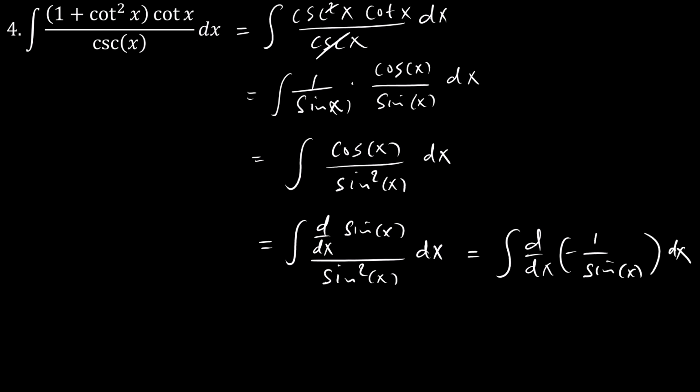And therefore, if we're integrating the derivative of a function, this is the same as that same function, so we have negative 1 over sine of x plus integration constant c. And that is our answer. Okay, so then we'll move to problem number 5.